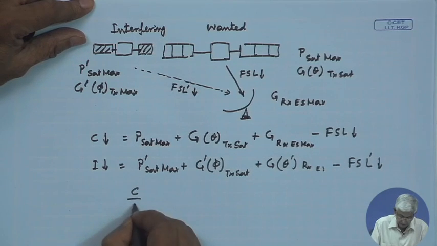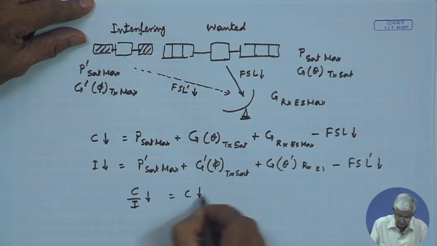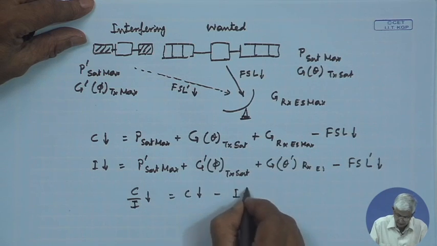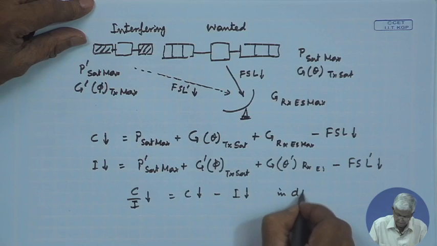So, C by I downlink is C downlink minus I downlink in dB.